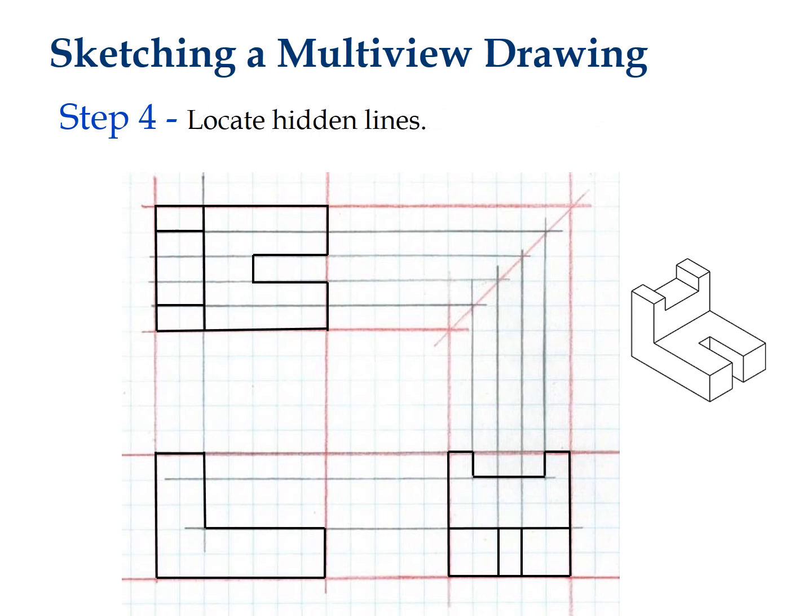Next, locate any hidden lines. Notice these hidden lines represent the backs or the bottom of the slots shown in this object.